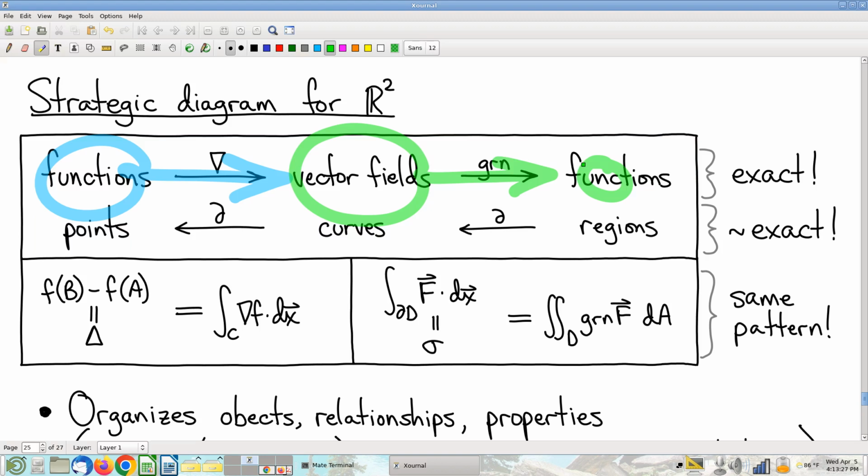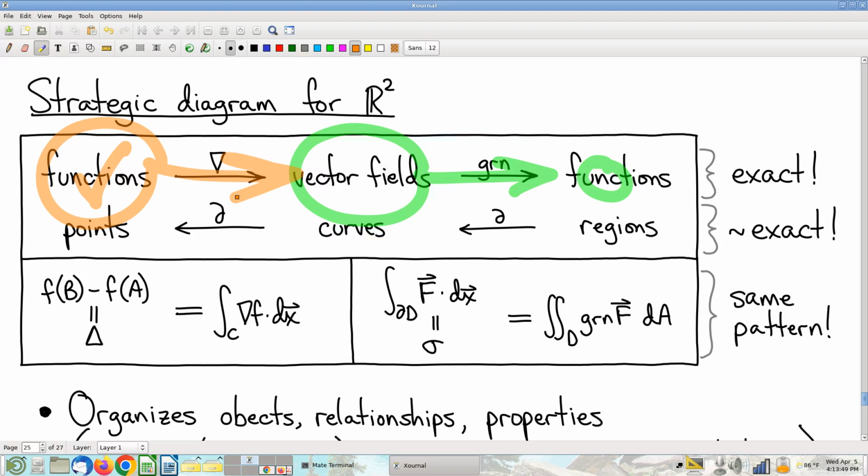And furthermore, if you start with some vector field and you compute Green's operator and you get 0, that actually means that there must be some function whose gradient is that original vector field. So this works both ways.